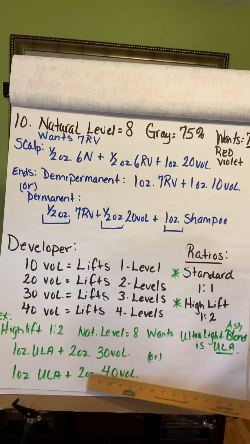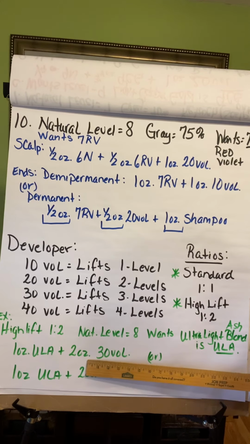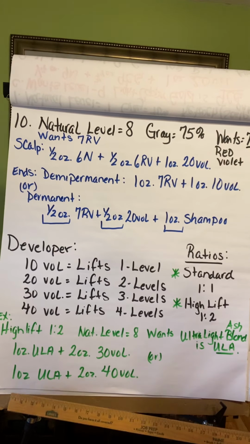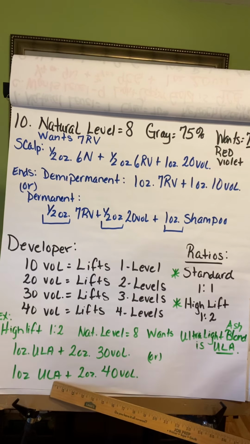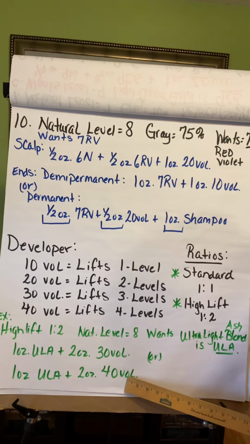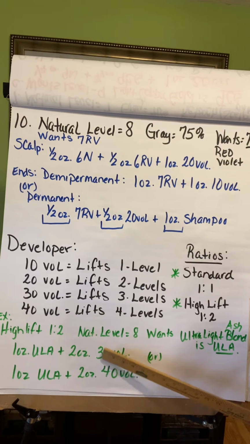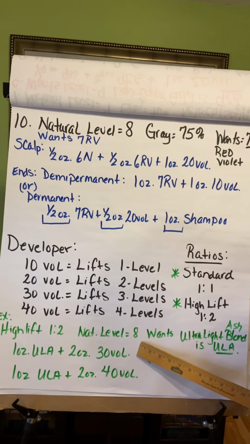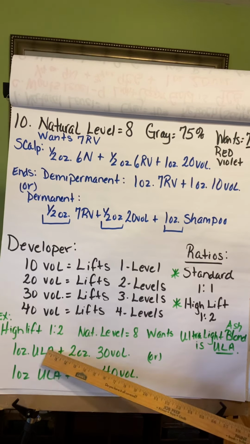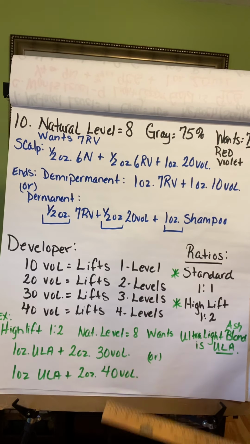So you can write 1 ounce of ULA plus 2 ounces of 30 volume developer, or 1 ounce of ULA plus 2 ounces of 40 volume developer. It's still 1:2. You just got different developers here.